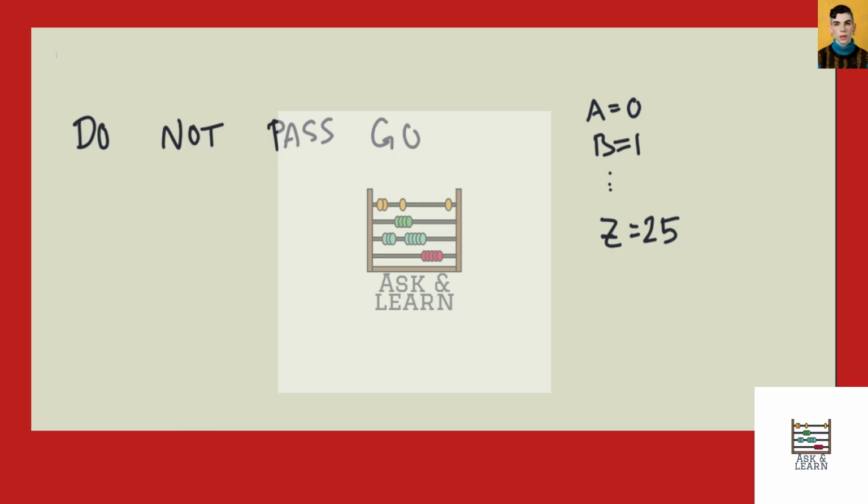Okay, so if we do that, then each of these letters will correspond to: D will be 3, O will be 14, N will be 13, O is 14 again, T is 19.